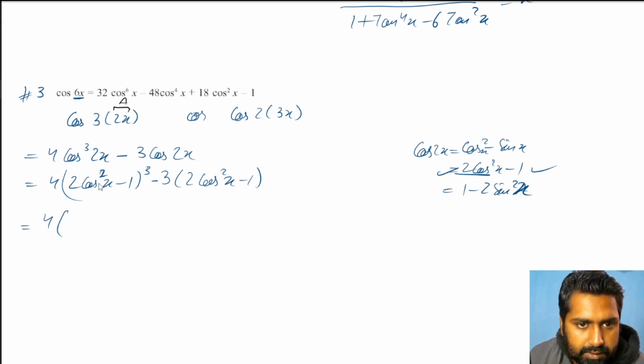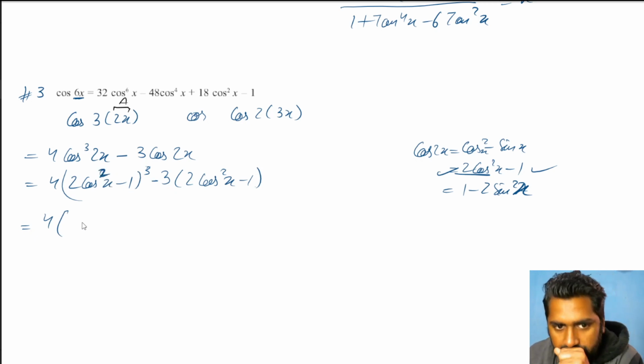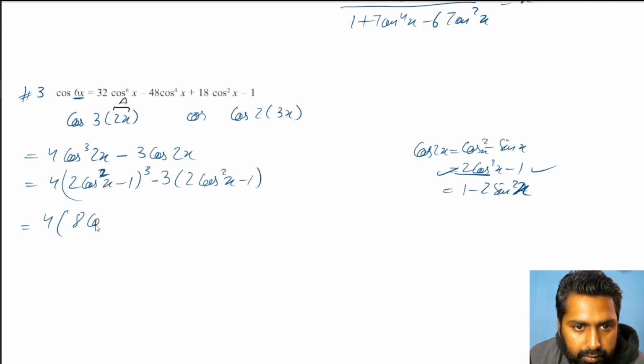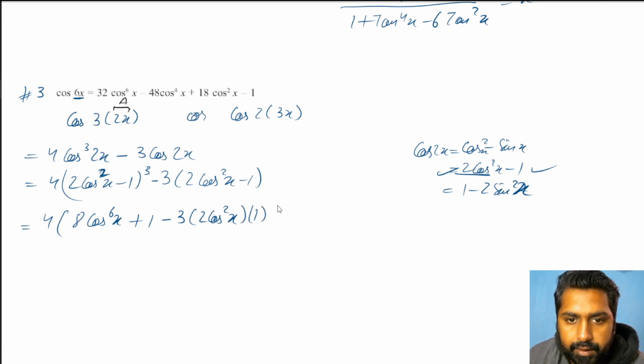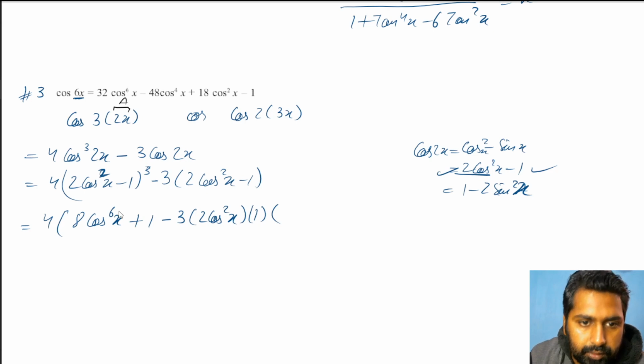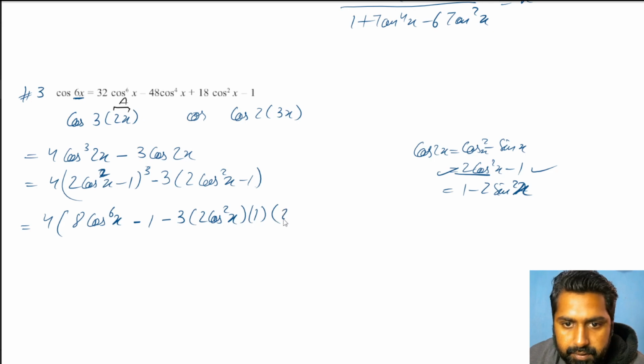So 4 times, this is a minus b whole cube. Okay, so a cube, that is 8 cos square cube, which is cos 6x, plus b cube, that is 1, minus 3ab bracket a minus b, 2 cos square x minus 1, minus 6 cos square x plus 3.